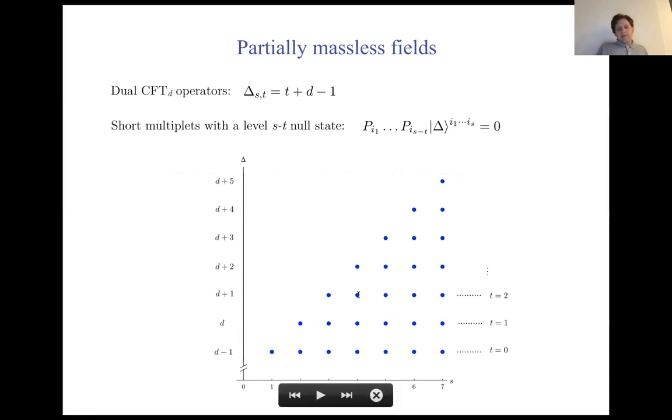When you're at one of these special partially massless points, what's happening is that there's a null state in the Verma module if you have one of these things as a conformal primary. There's a null state at level s minus t, which is essentially gauging away those lower helicities from the bulk point of view. Essentially what's going to happen is that these null states are breaking off and forming a separate representation, and those are going to be the shift symmetric fields that we saw.